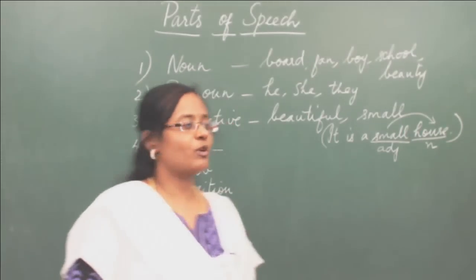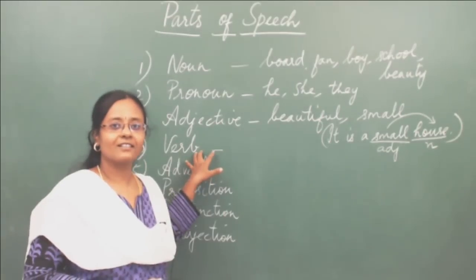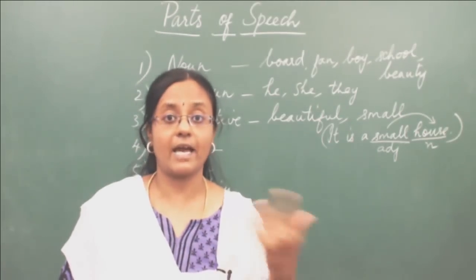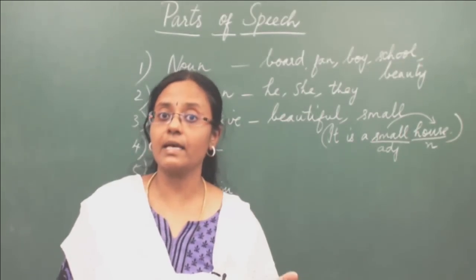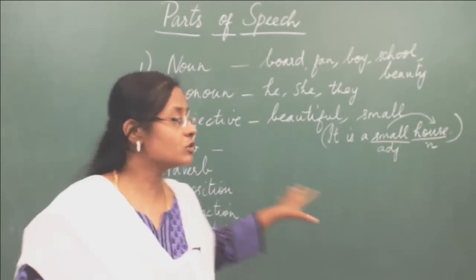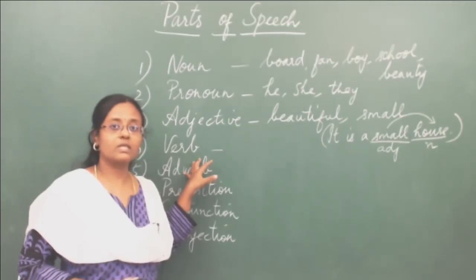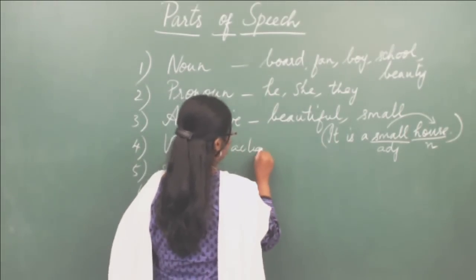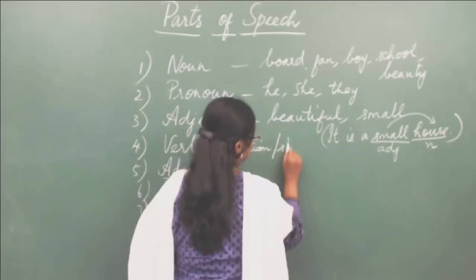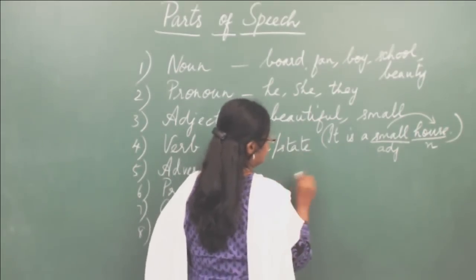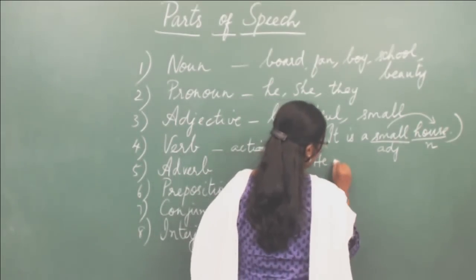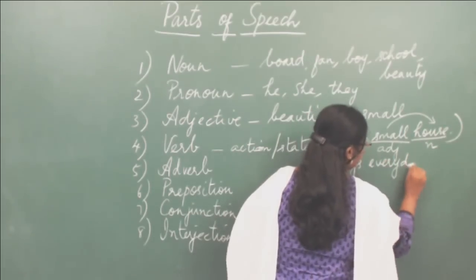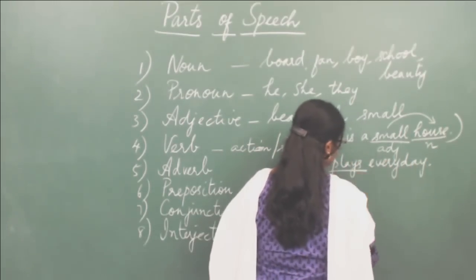I hope everyone knows what a verb is. The most common definition is a verb expresses an action, but there's also something else the verb does. It is not only the action but also the state. See, it is action or state. For example, if you say he plays every day, there you see the verb expressing an action.